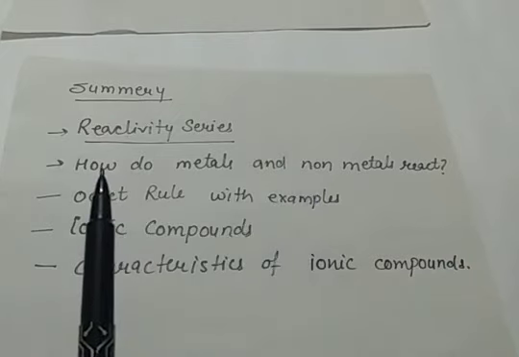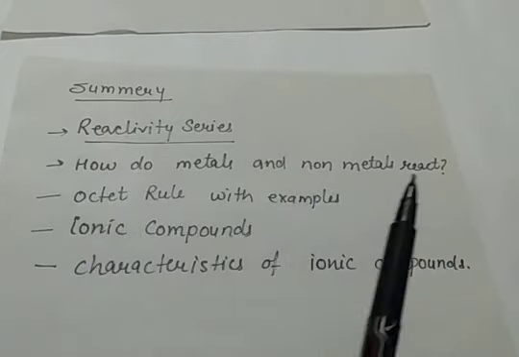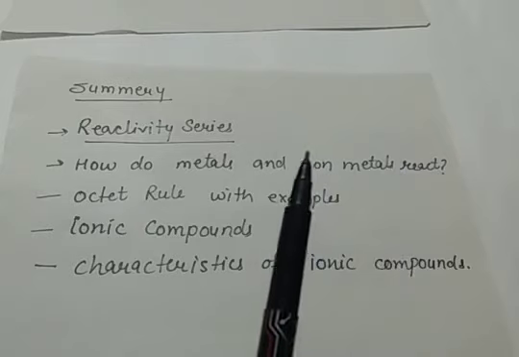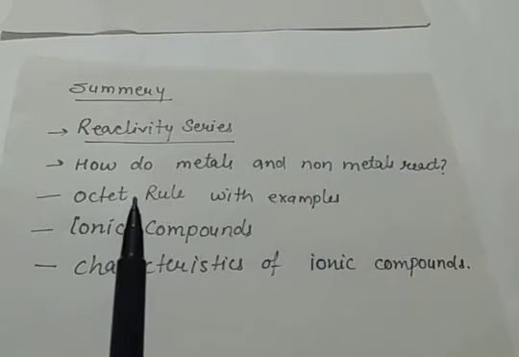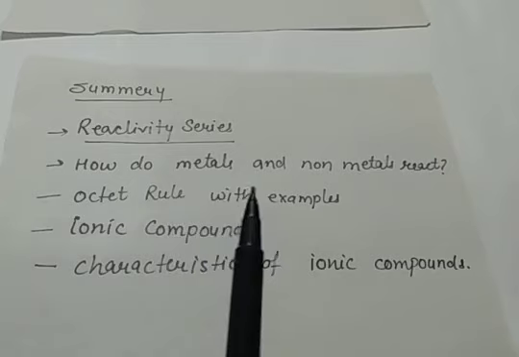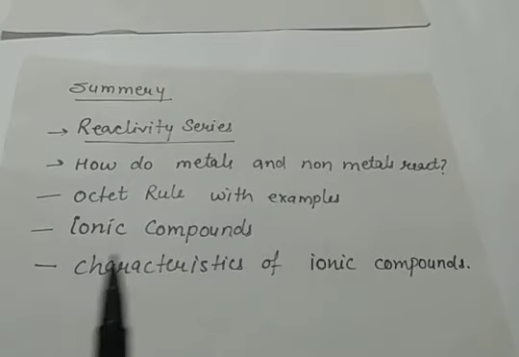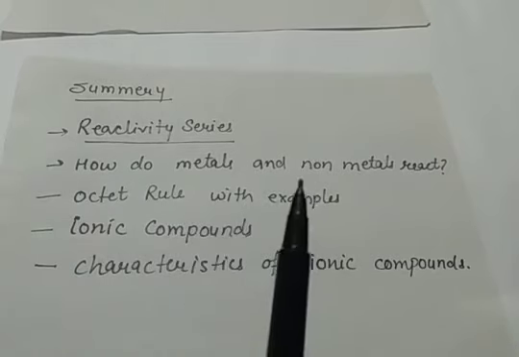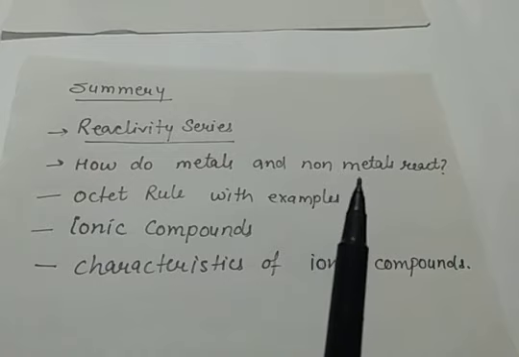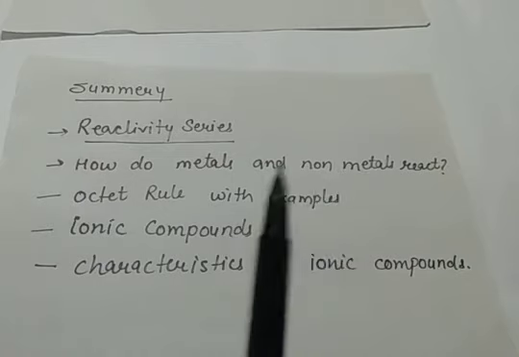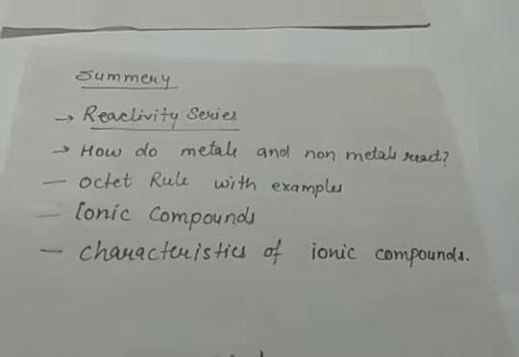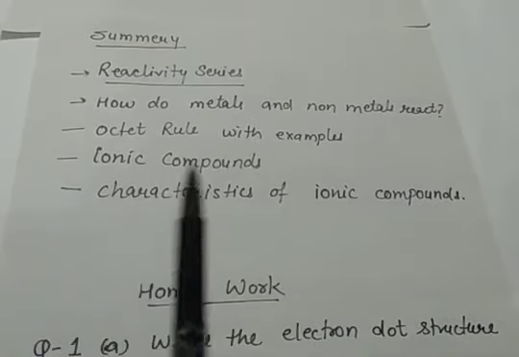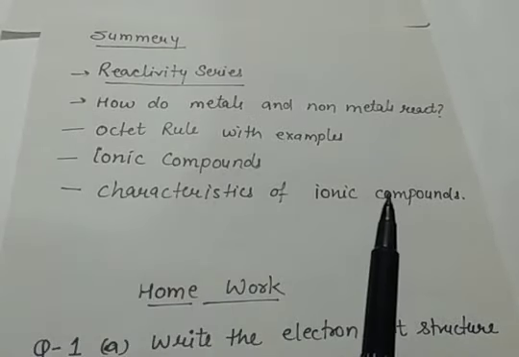Then we saw how metals and non-metals react together. Then we saw the octet rule with some examples, for example hydrogen, sodium chloride, magnesium oxide, sodium oxide, and we discussed ionic compounds and their characteristics.